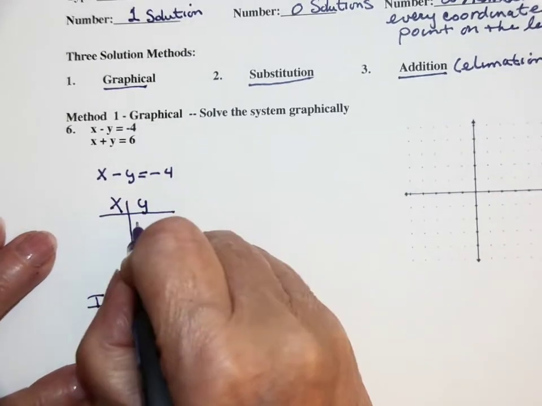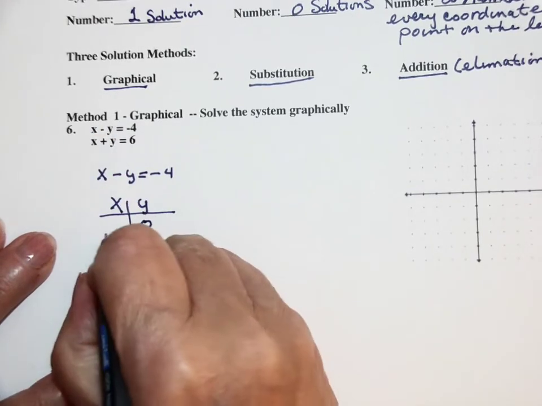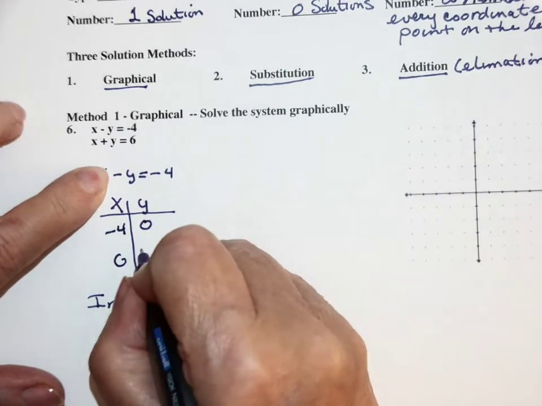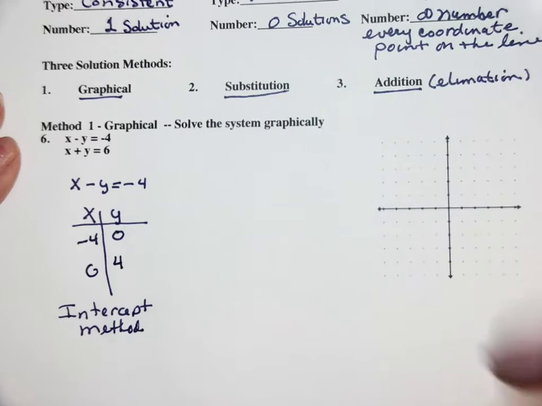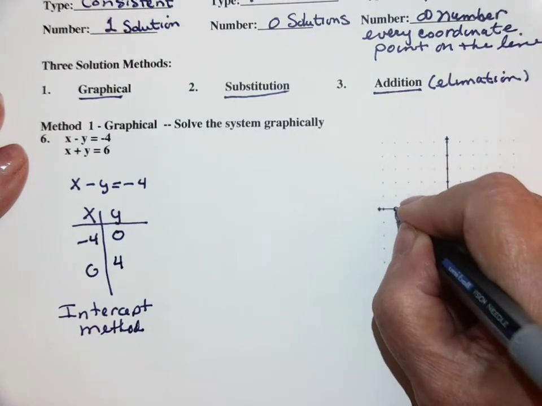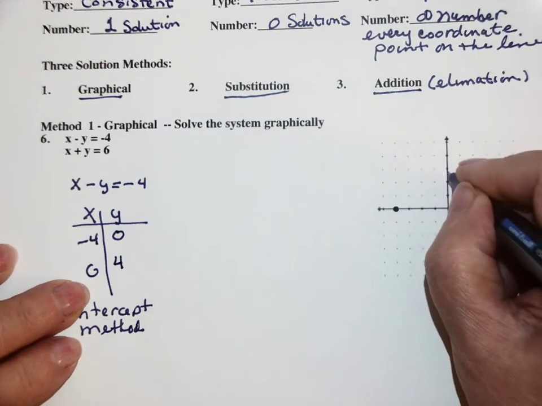And if y equals 0, that goes away. X is -4. And if x equals 0, x goes away, y is 4. So it's x equals -4, and y equals 4; y equals 0, x equals 0.